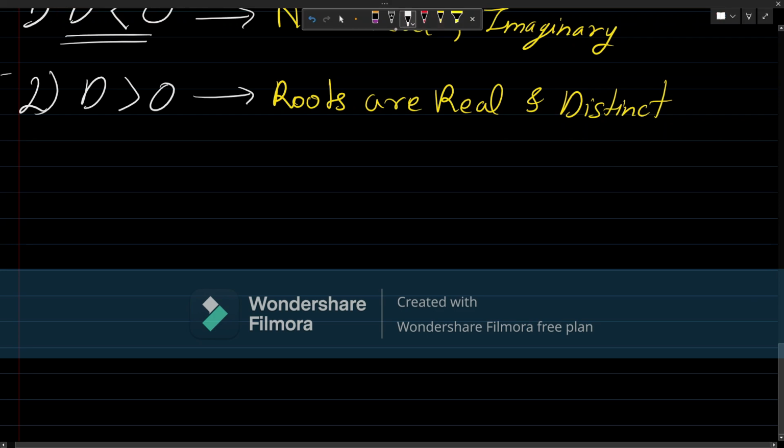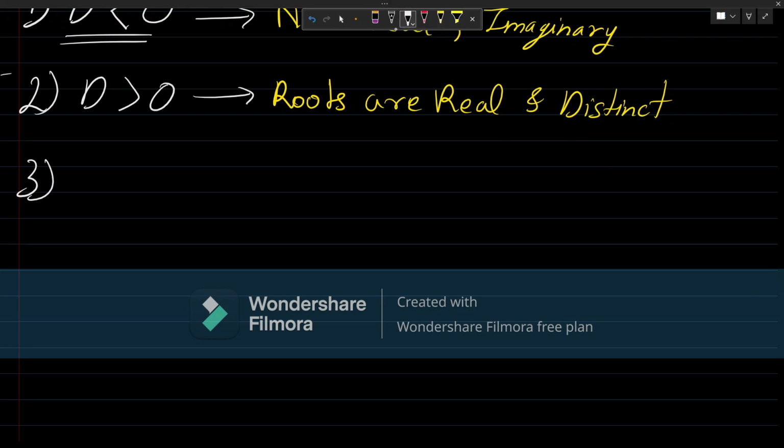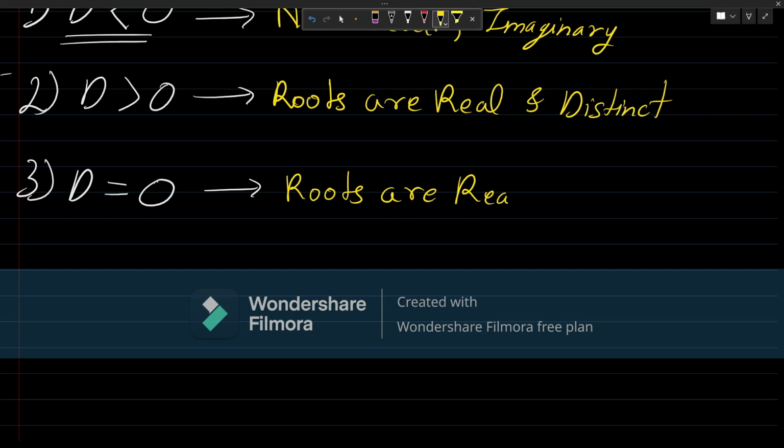Now let's talk about the third condition: what if D is equal to 0? In this case, the roots are real and equal.